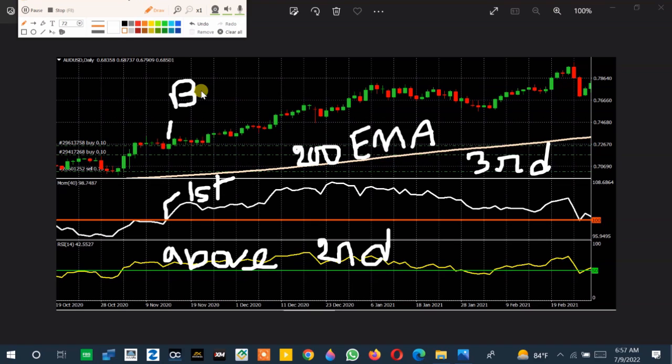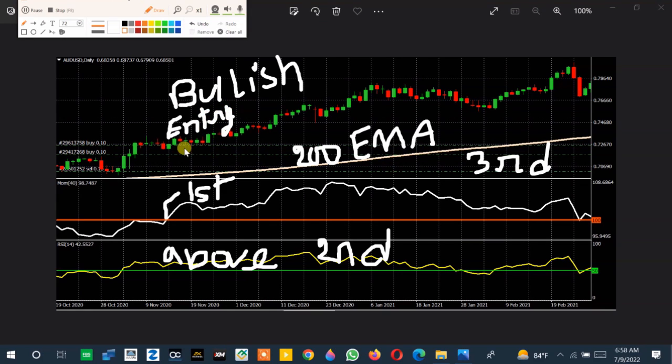Yes, a bullish candle was created at the moment the momentum crossed above the 100 level. So in this area it is our trigger candle, our entry level.